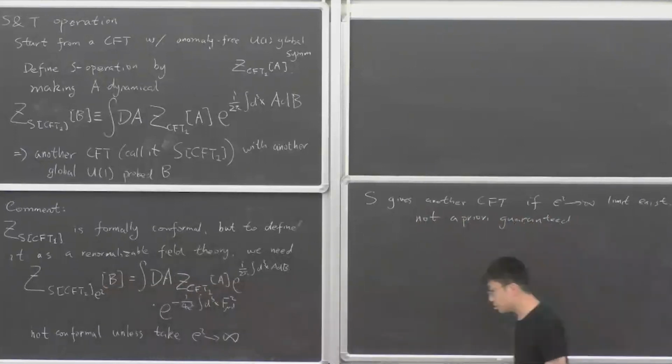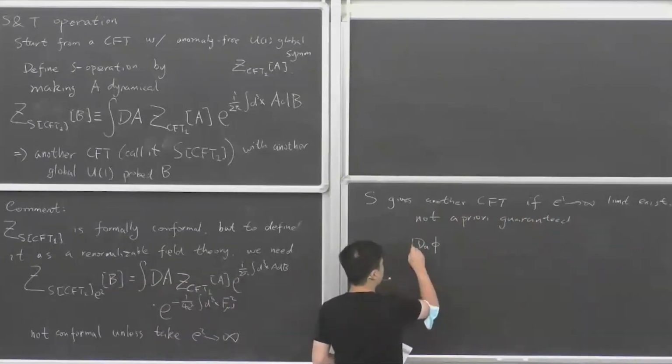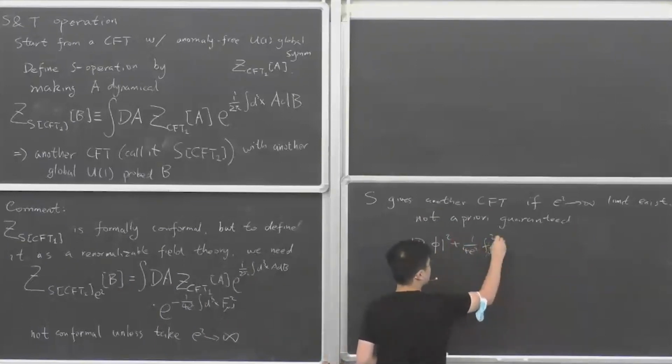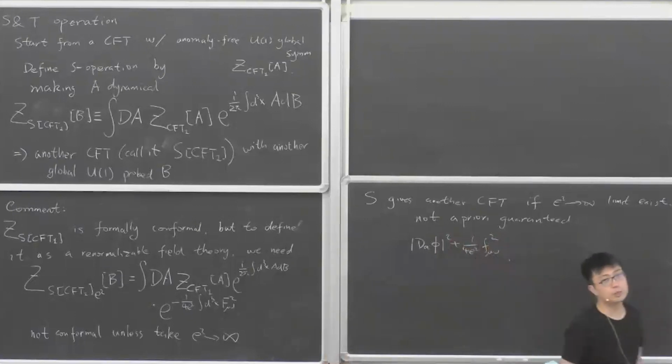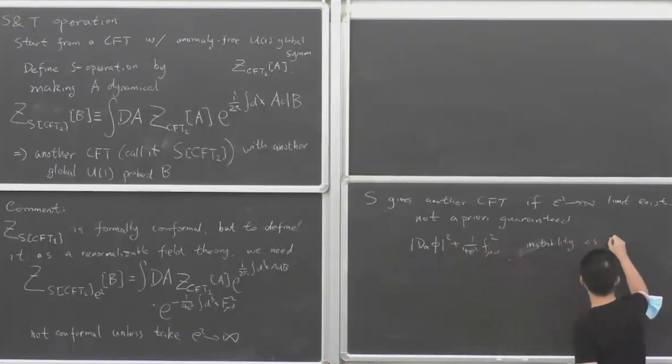So let's say just take this theory plus a Maxwell coupling, it's unstable, and the instability happens basically as your energy scale, let's use mu, approaches e squared.